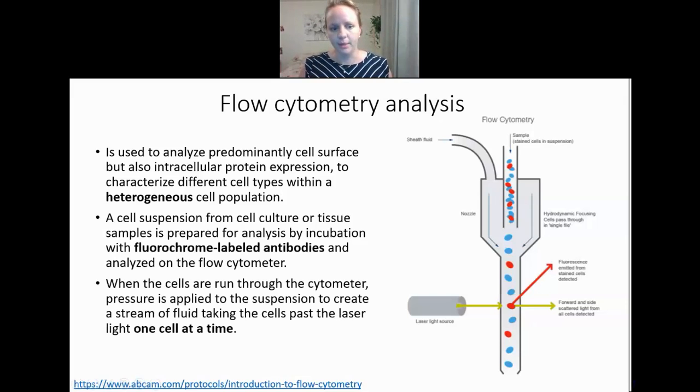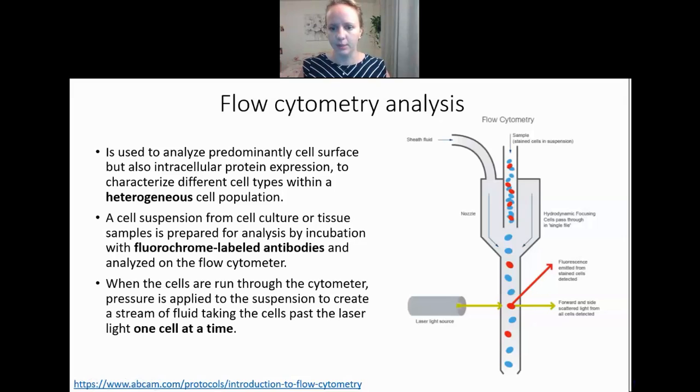So when the cells run through the cytometer, you have a big heterogeneous sample going up through the nozzle, but when cells are run through the cytometer, high pressure is applied to the suspension to create a single cell stream of fluid.